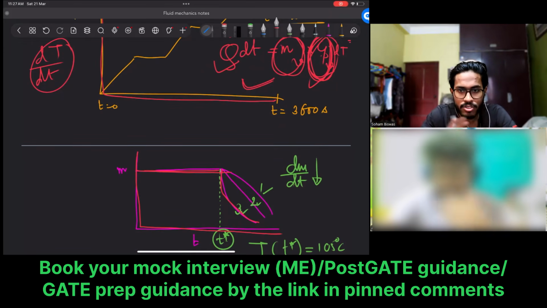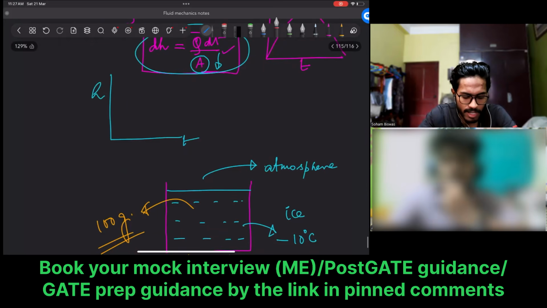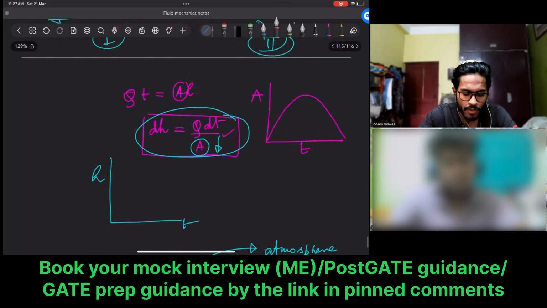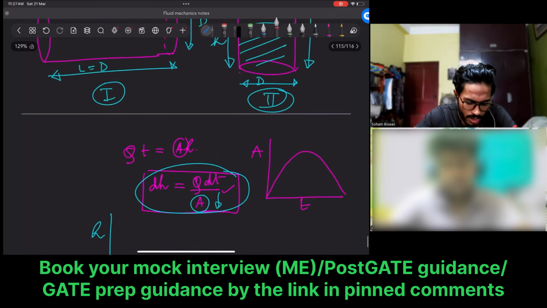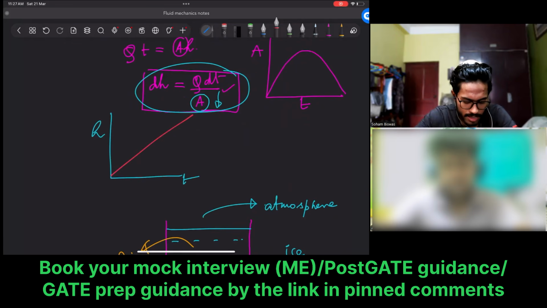While drawing these types of curves, be very sure to ask them about the assumptions. And finally, in fluid mechanics, everything was correct, but the graph will be something like this. This is the constant, and this graph will be something like this. You are almost correct.